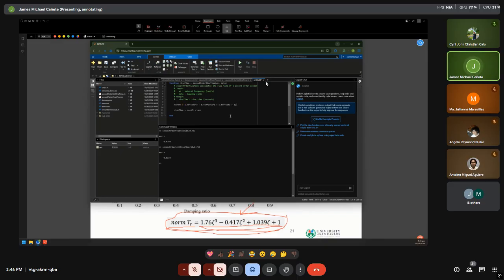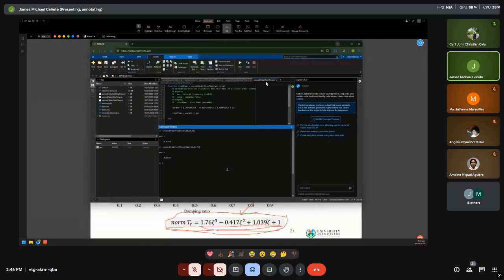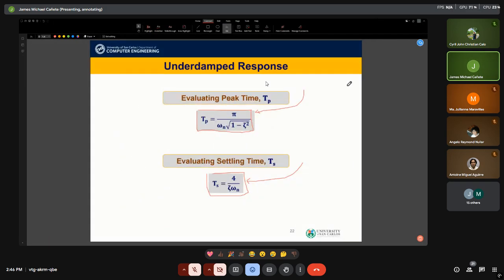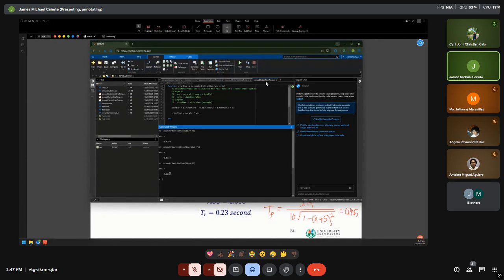Let's save this as second order rise time. If we calculate second order rise time with the same inputs, omega n was 10, zeta was 0.75. Press enter: 2.287. This corresponds to the answer, close enough.